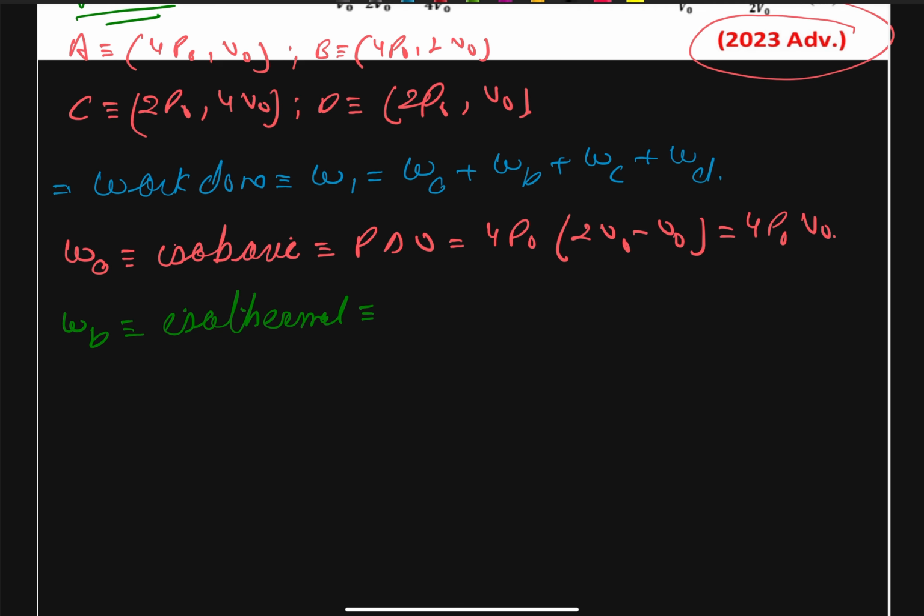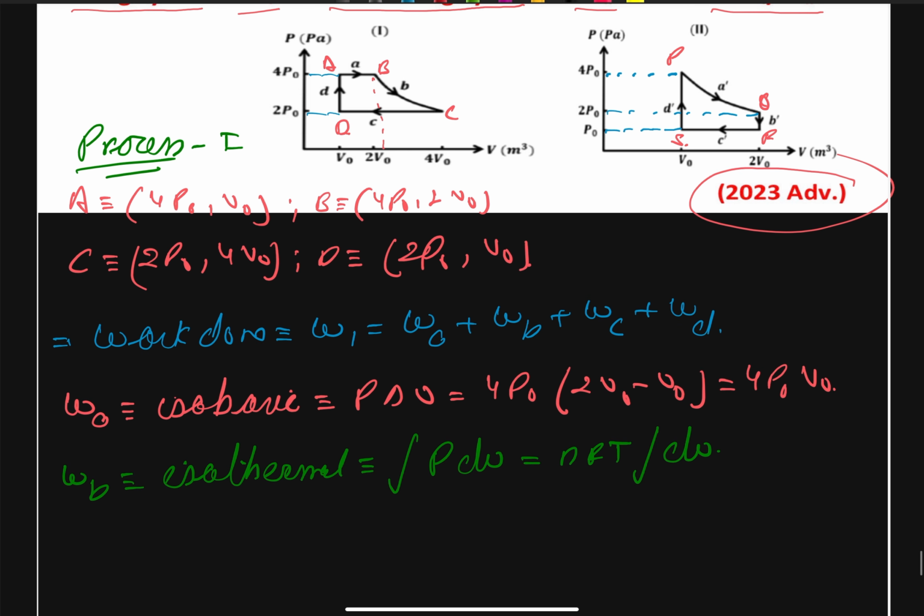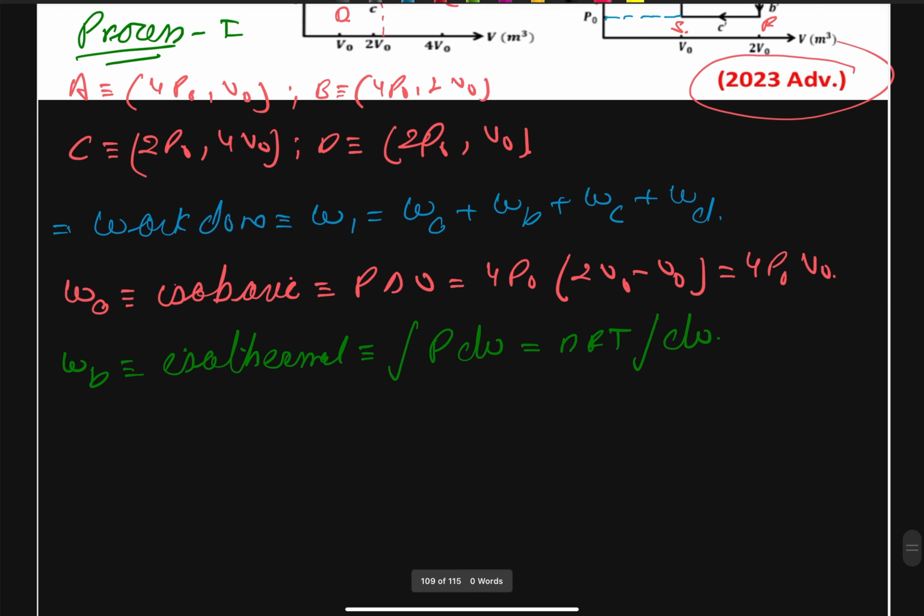So WB will be equal to the integration of P dV, and so P we can write nRT, integration of dV, and the volume varies from B to C. It goes from 2 V0 to 4 V0.